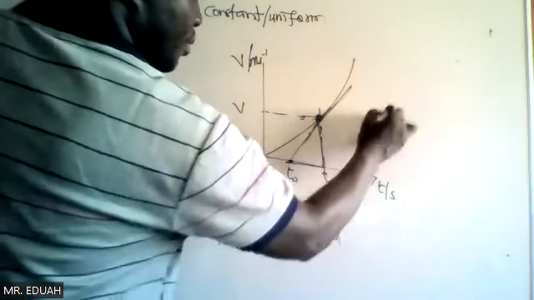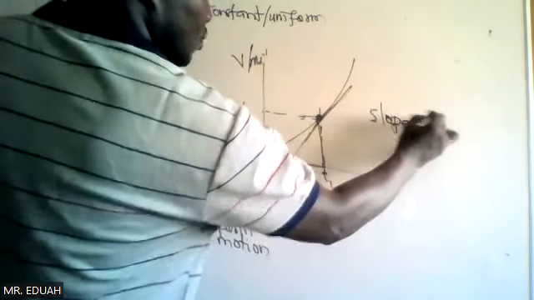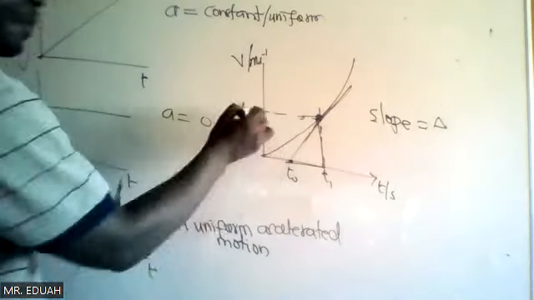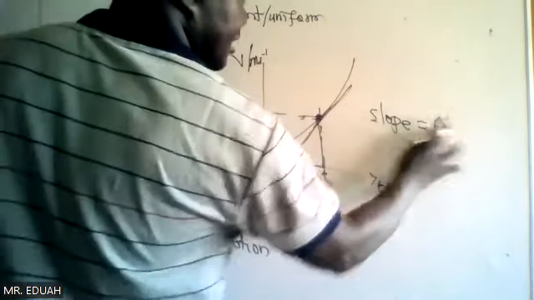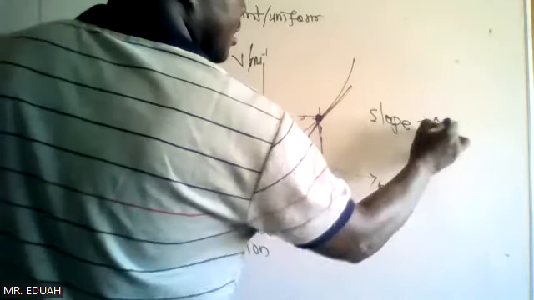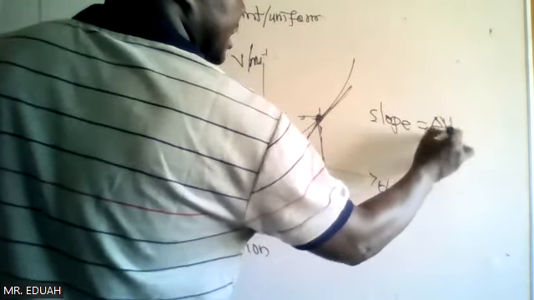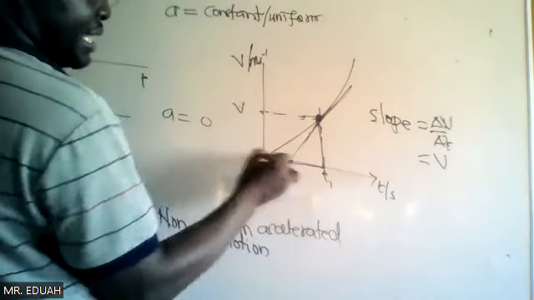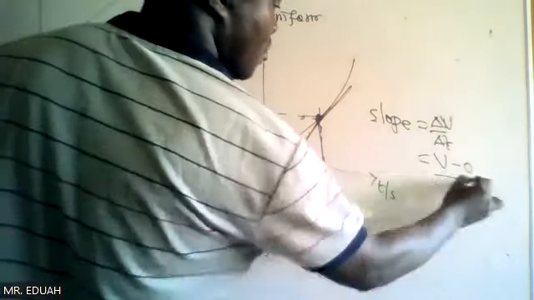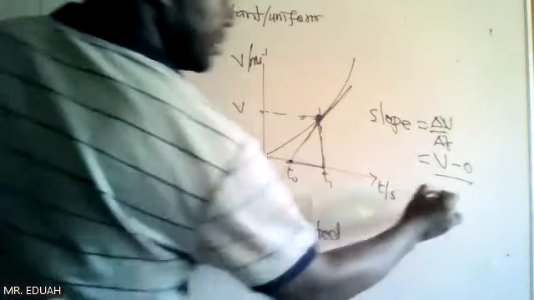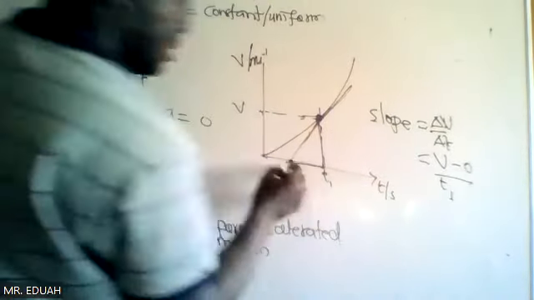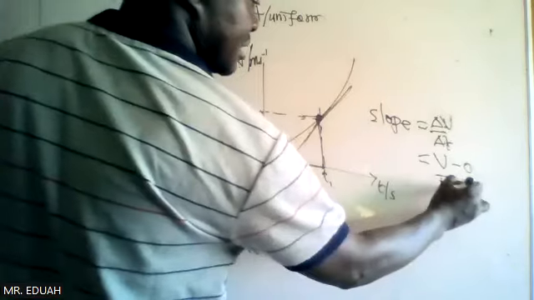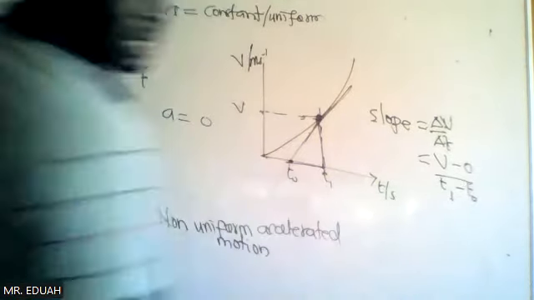So the slope would be equal to delta V on delta T. So we have V minus 0 over T1 minus T naught.